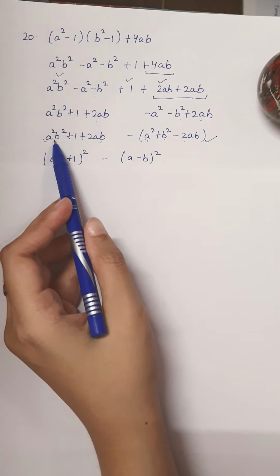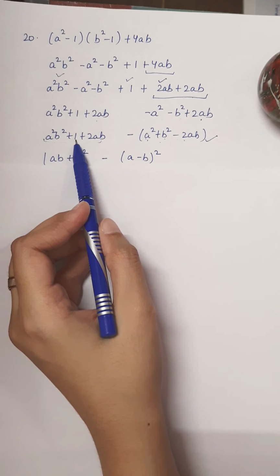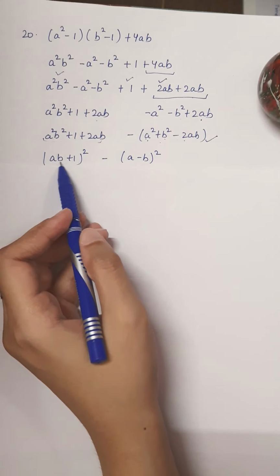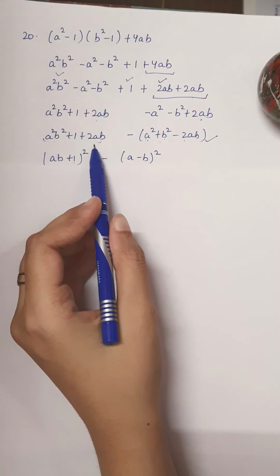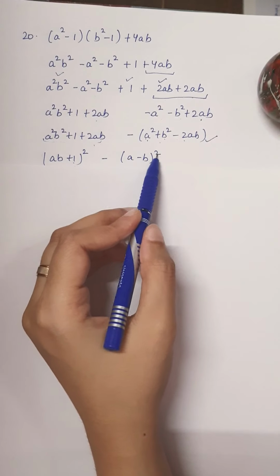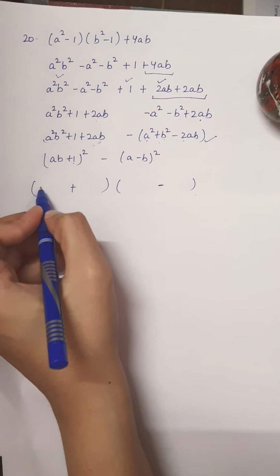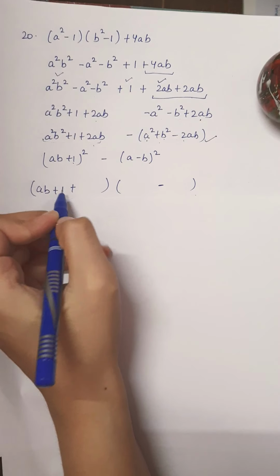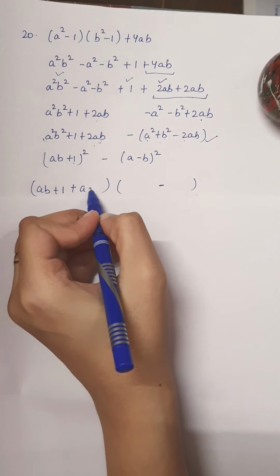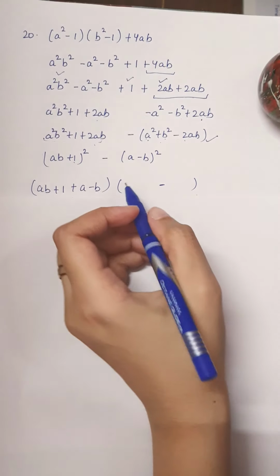Square of first term, correct. Square of second term, correct. Then 2ab term, 2 into first term into second term, correct. Now the format follows: square of a number minus square of another number. So this is (ab plus 1) plus (a minus b), exactly same brackets one needs to copy.